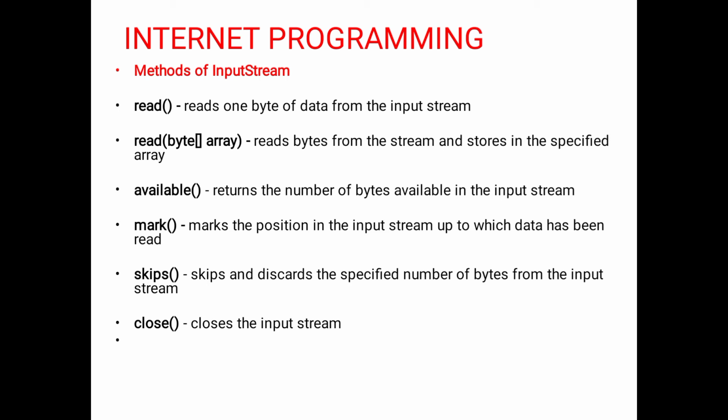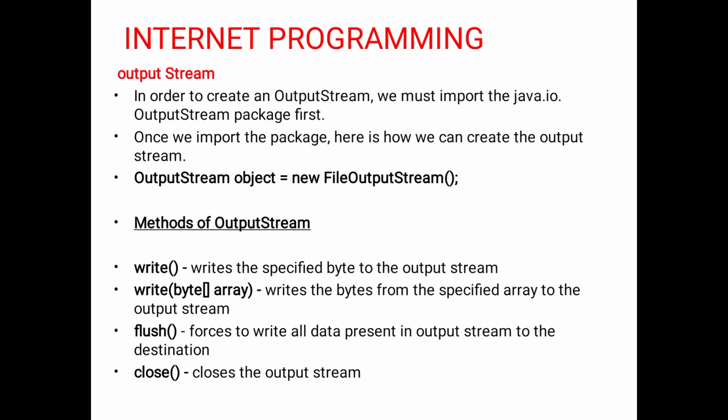The next one is skip, which skips and discards the specified number of bytes from the input stream. The last method is close, which closes the input stream. These are the several methods used in the input stream.